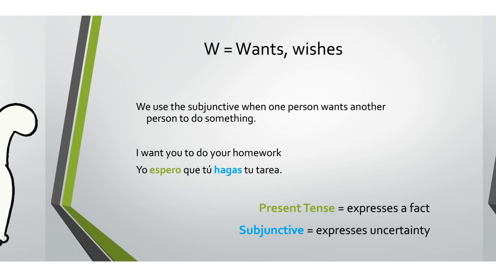So you'll see that I've highlighted this sentence to show you that the first verb in my sentence, espero, is in the present tense. We use the present tense there because I'm expressing a fact. The second verb there, highlighted in blue, we conjugated that verb in the subjunctive because it's expressing uncertainty. It's expressing something that I don't know whether it will happen or not.